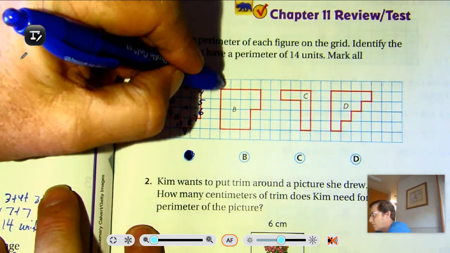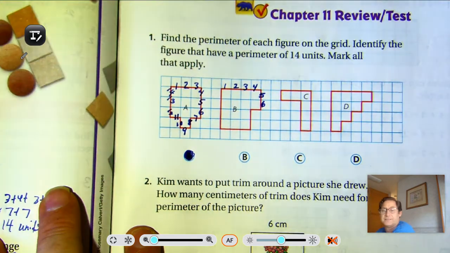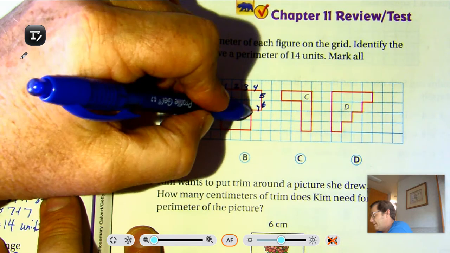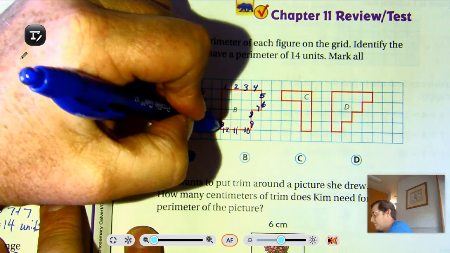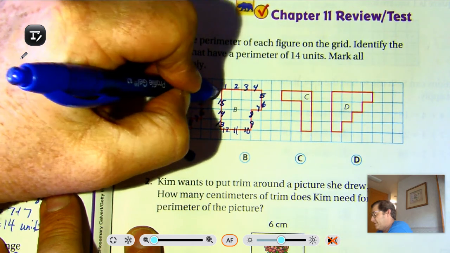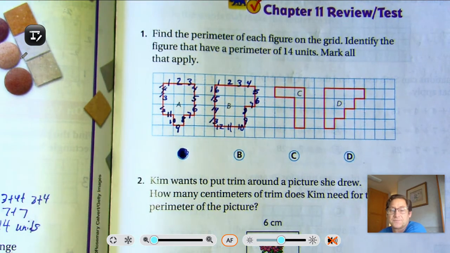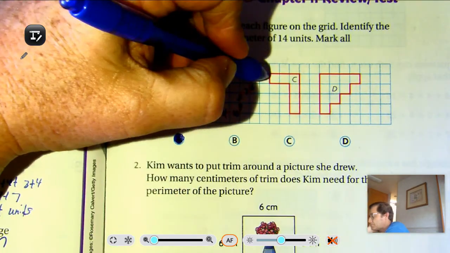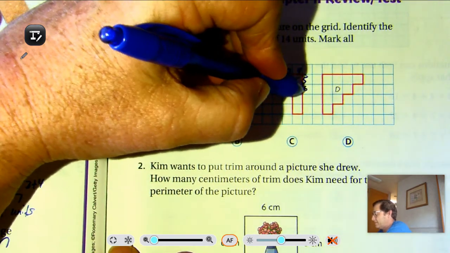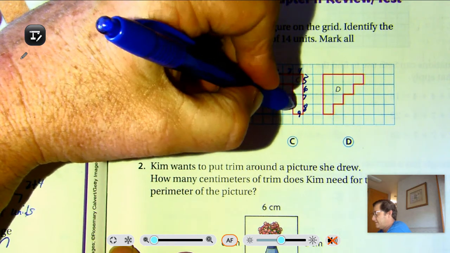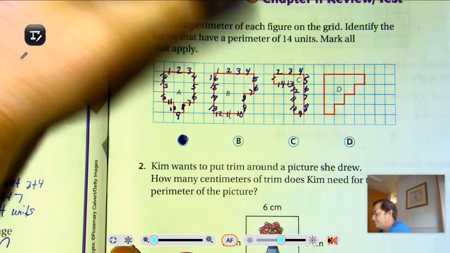B. 1, 2, 3, 4, 5, 6, 7, 8, 9, 10, 11, 12, 13, 14, 15, 16. So that one doesn't have a perimeter of 14 units. C. 1, 2, 3, 4, 5, 6, 7, 8, 9, 10, 11, 12, 13, 14.